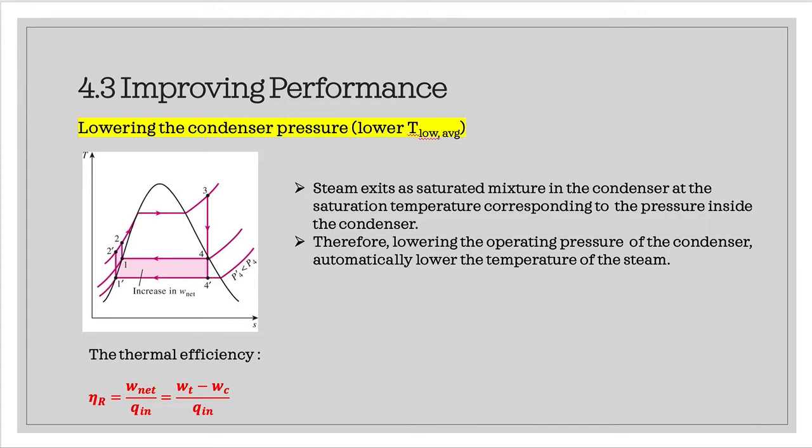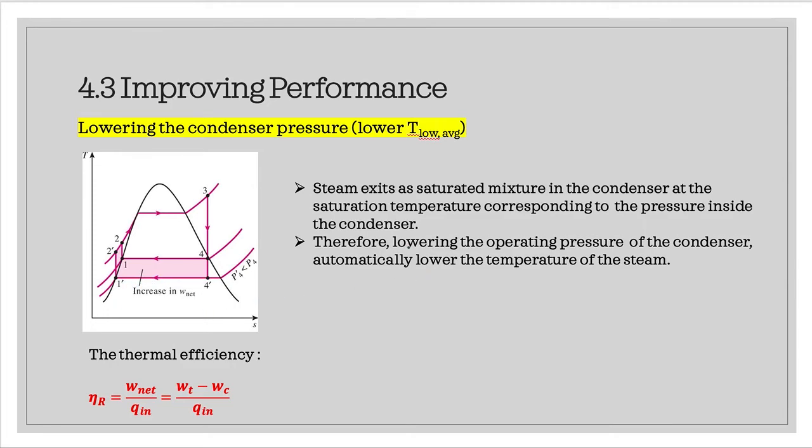Okay, next is lowering the condenser pressure. This is the initial condensing pressure, and this is the new condensing pressure. So the color of this area represents increase in W net.